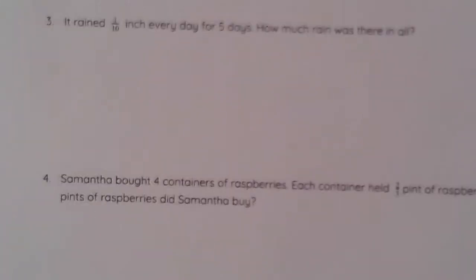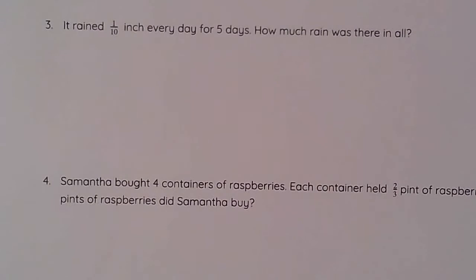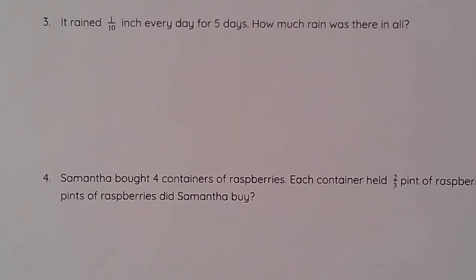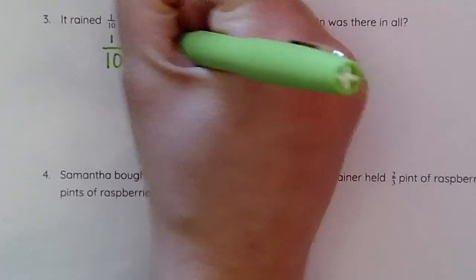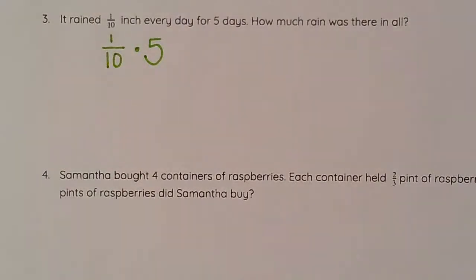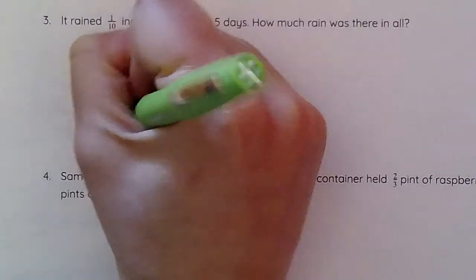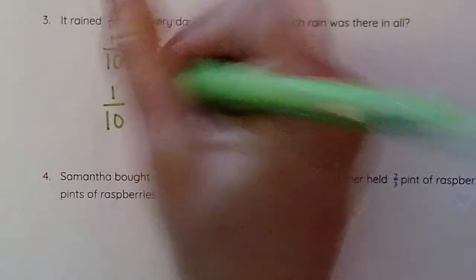All right, let's take a look at 2 word problems here. It says it rained 1/10 inch every day for 5 days. We want to know how much rain there was in all. So 1/10 times 5. Again, I can rewrite that so I do not make the mistake of multiplying 10 times 5.